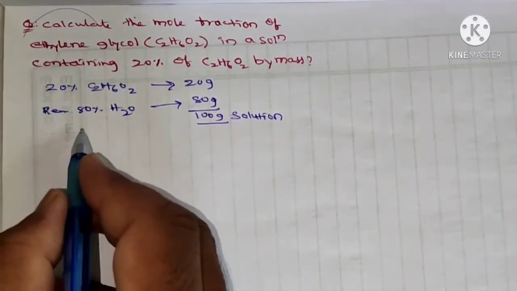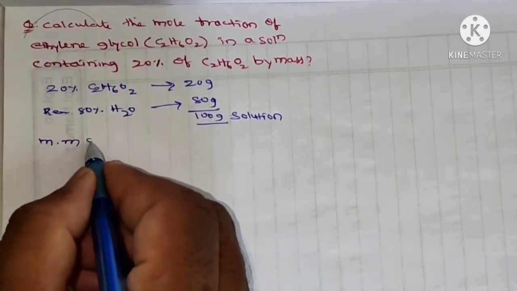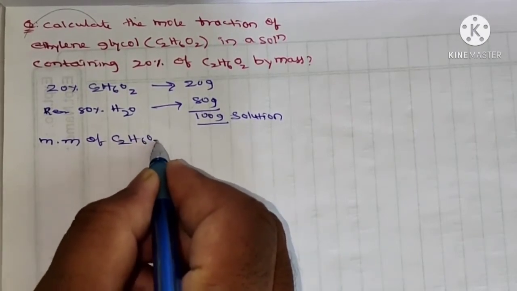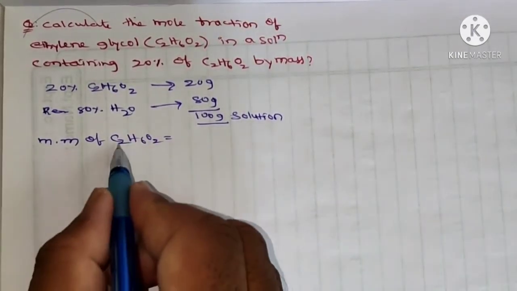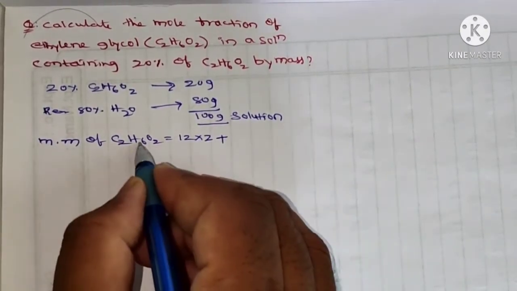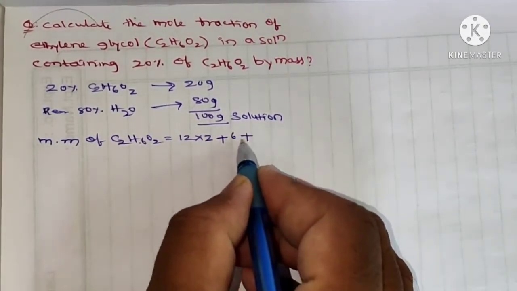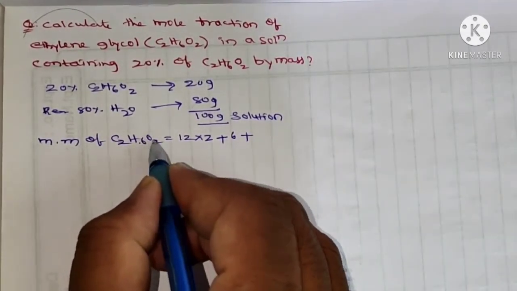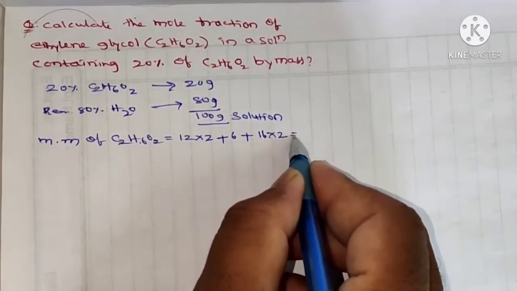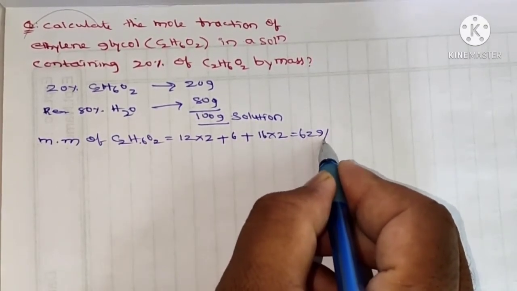And the molar mass of ethylene glycol C2H6O2 is equal to carbon 12 times 2 atoms, plus hydrogen 1 times 6, plus oxygen 16 times 2. Total we will get 62 grams per mole.